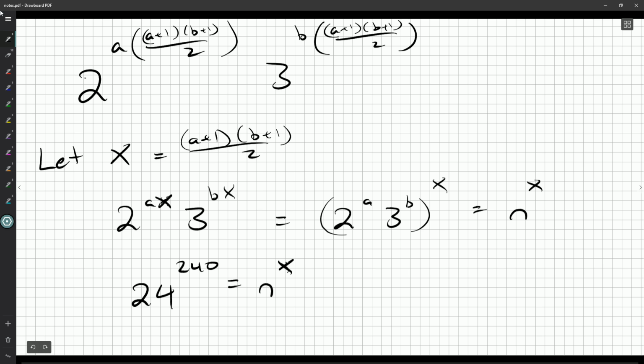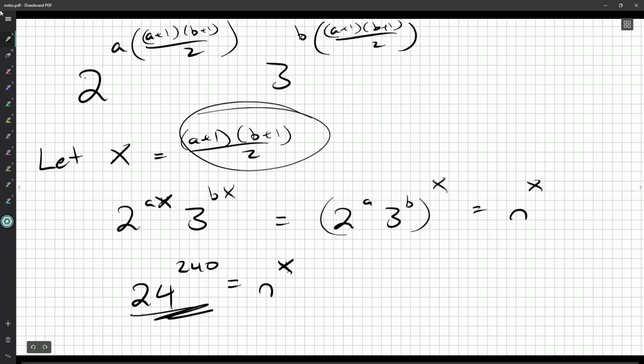Okay. So 24 to the 240, how can I figure out what possible x's we could have? Because as soon as I figure out an x, that sort of fixes what this is going to be. Of course, once we decide on x, is there necessarily an a and b that could make this work?